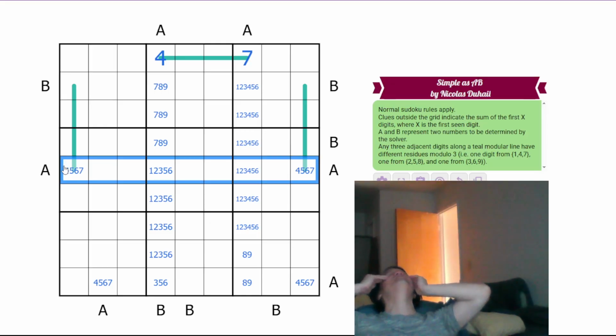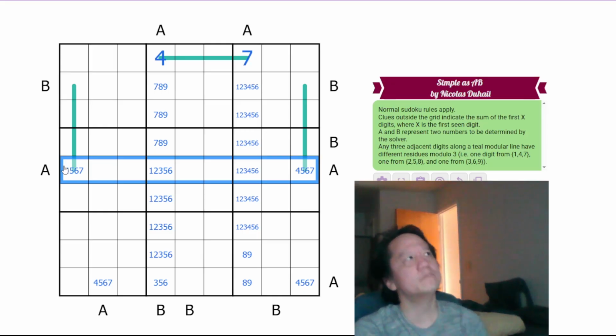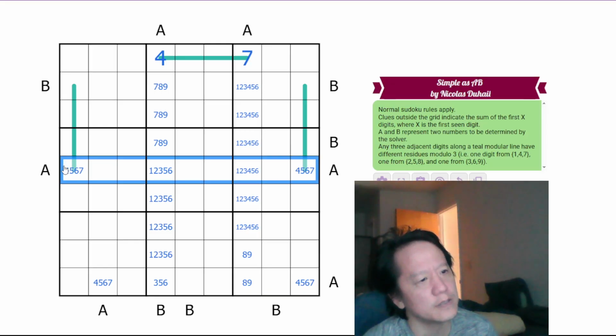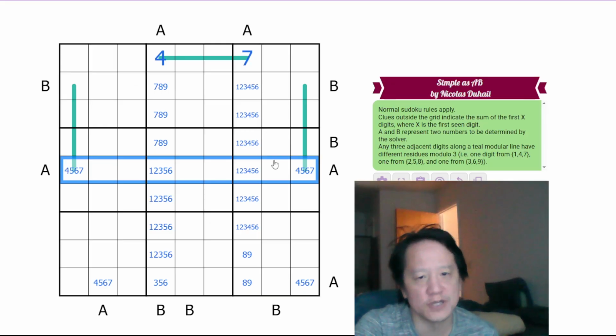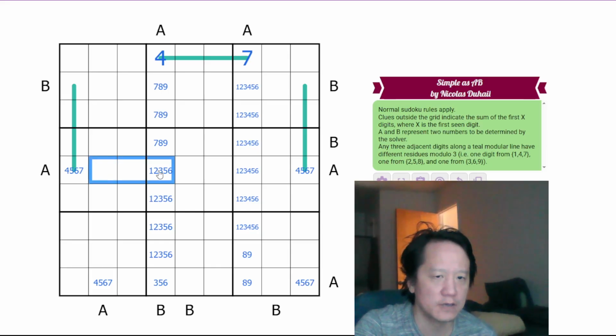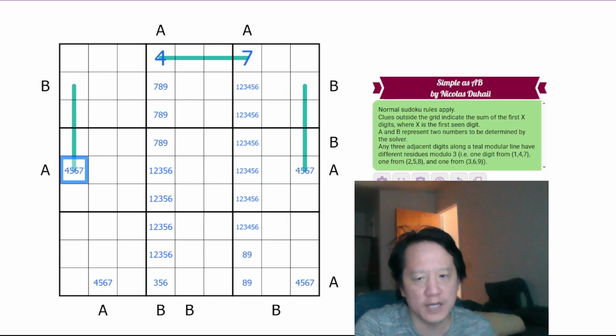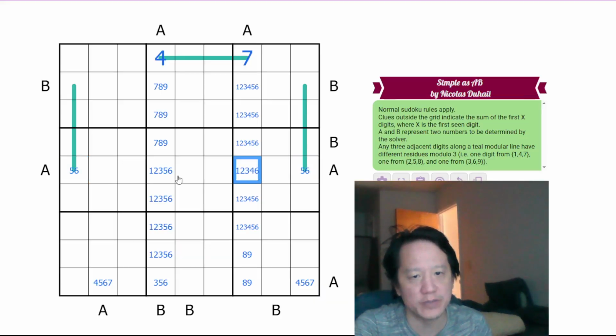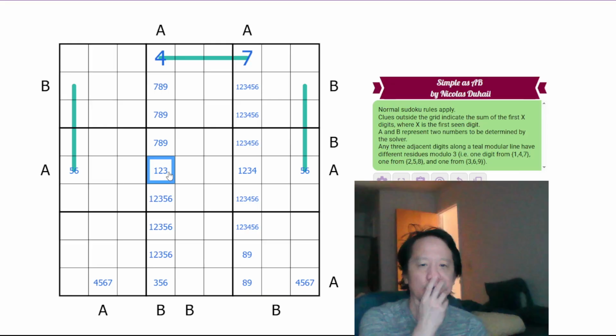So we have 11 overlapping in the middle, which means it cannot be 4 and 7, because if we have 4, that requires these to be 7, 8, 9, and that's not going to happen. So this cannot be 4 and 7. It has to be 5, 6 as a pair, which eliminates 5, 6 in the rest of the row.